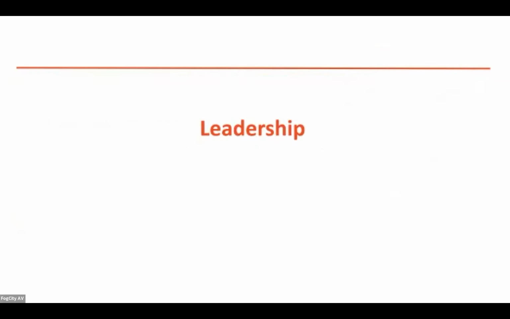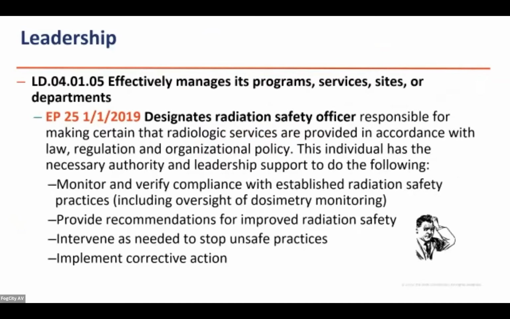We have some standards in leadership. And I was particularly proud of this one. I had a lot of influence here. And so we got a standard element of performance inserted into LD 040105 that says, and you can see it's been there since 2019, that the organization needs to designate a radiation safety officer.